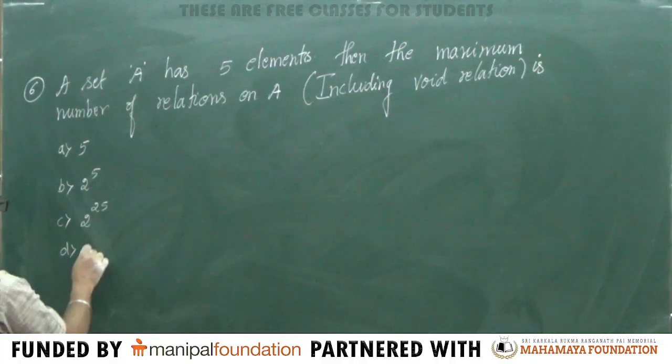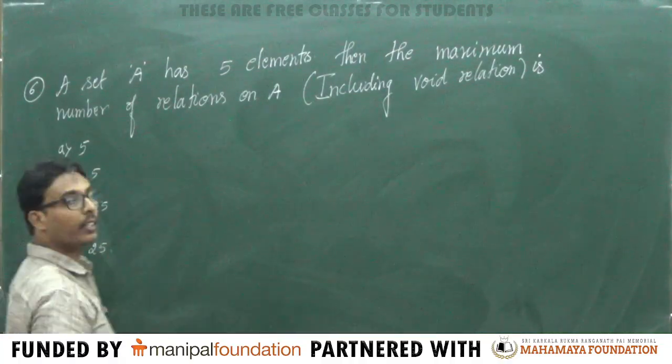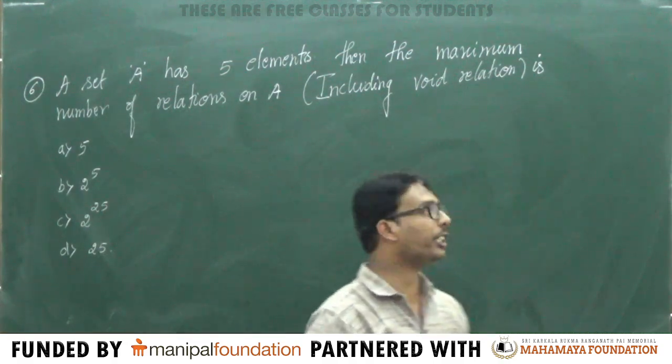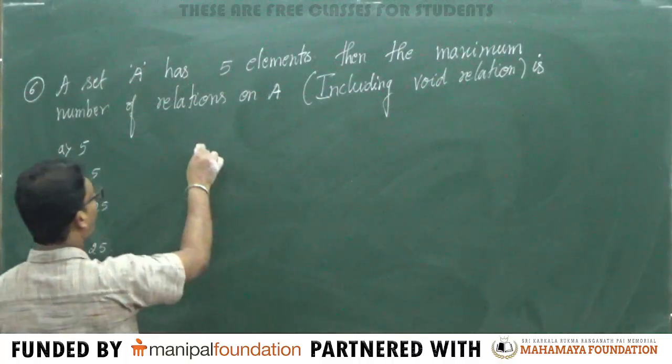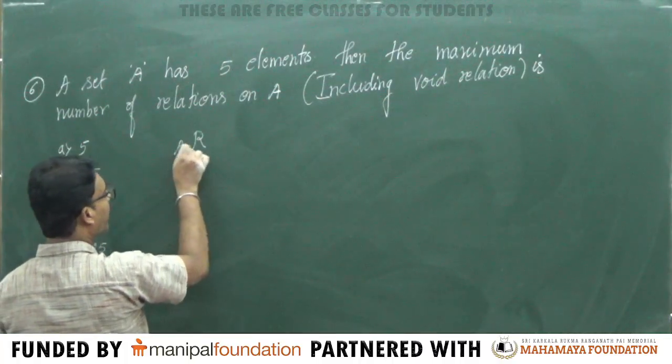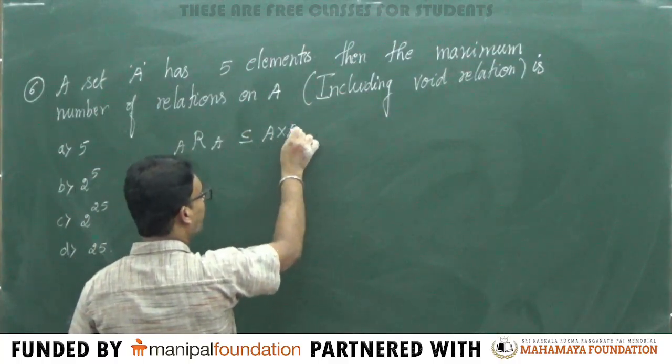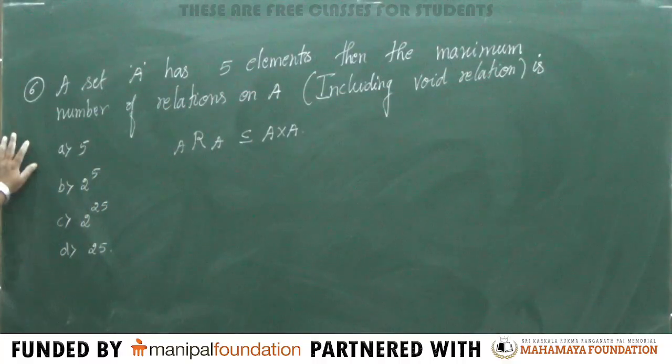So in this question, they are defining the relation R on the same set A. Here R is a relation from the set A to A, meaning the relation is a subset of the Cartesian product A cross A. The set A contains 5 elements.